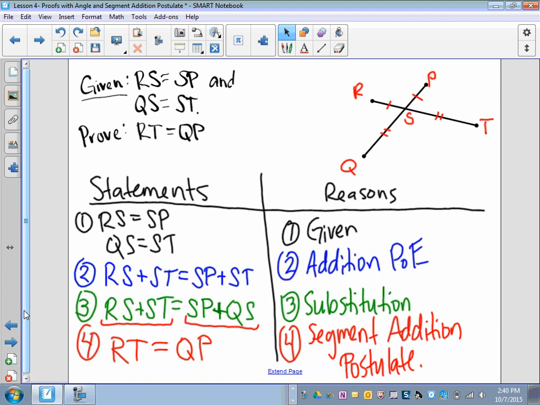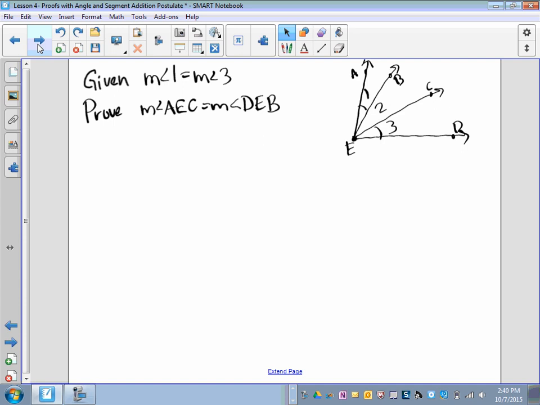So let's take a look at this next problem with angles. Go ahead and copy down this problem. I'll zoom it in for you.